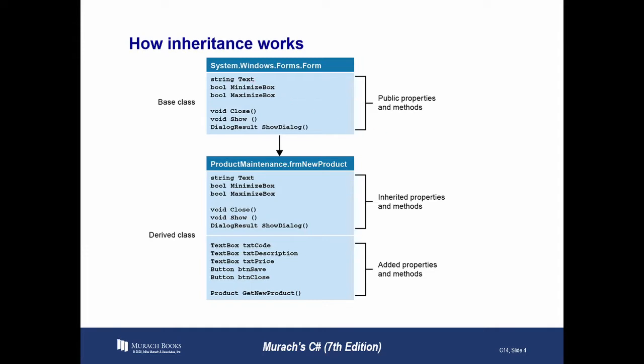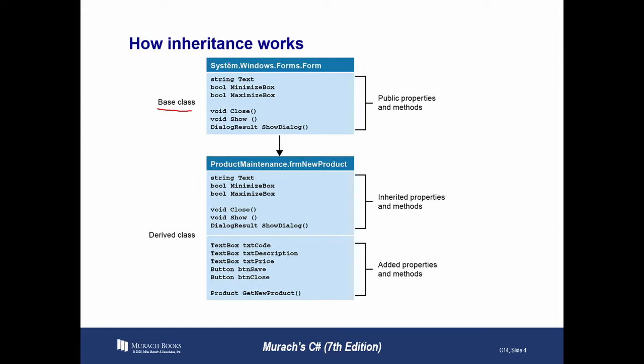It typically starts off with your data types and then your methods, and this is no exception. What we have up here is referred to as our base class. This is really the origin. Public properties and methods are in here. This is all public stuff.